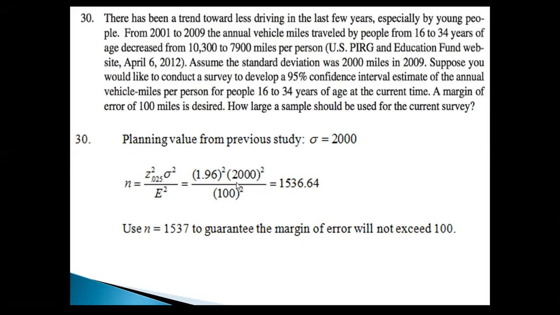We plug all that in, and we get 1,536.64. We'll just round that up to 1,537 to guarantee the margin of error will not exceed 100. Now, if you had rounded down, then you couldn't say it would not exceed 100, because you're within that 0.64 under, and so it could actually exceed it. That's why we round up.